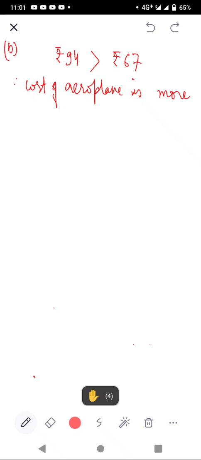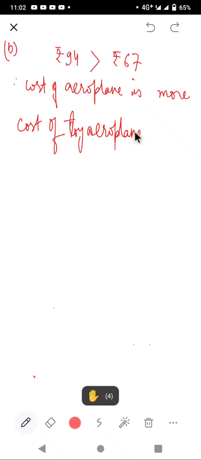Now the second question is by how much. Now we have to tell by how much the cost is more. Since the cost is given, we will not write number; if the cost is given we will write cost, and if numbers are given then we will write number. So the cost of the toy aeroplane is 94 rupees.